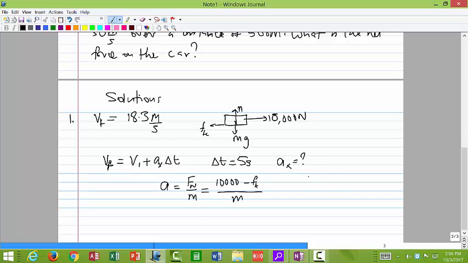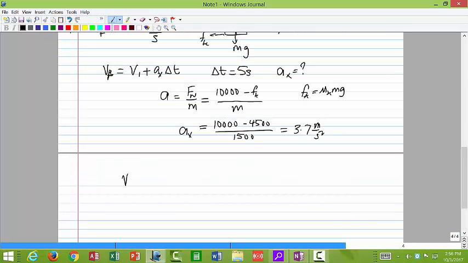So 10,000 minus 4,500 divided by 1,500. That gives A equals 3.7. So V final is just equal to 0 plus 3.7 meters per second squared times 5 seconds, which is 18.3. Thank you.